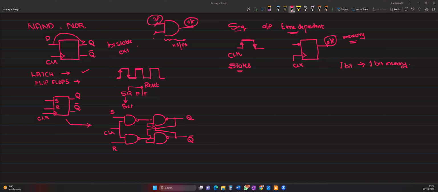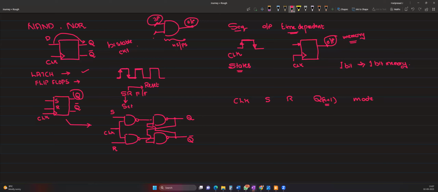In order to analyze this, we have to start putting in values, as we usually do with a state table. So we have the inputs clock, S, R, and Qn plus 1, and the mode. Qn plus 1 is nothing but, after giving the clock, the new state of Q. I will have some previous value of Q, and then I give a clock.